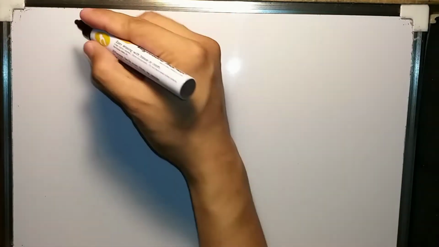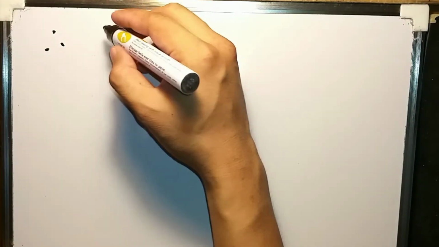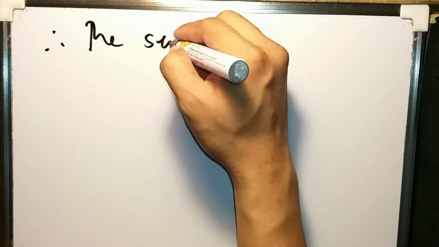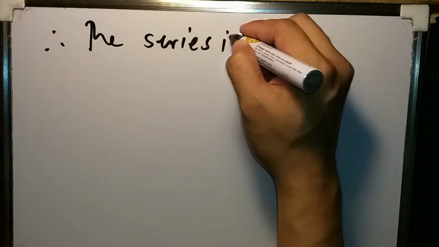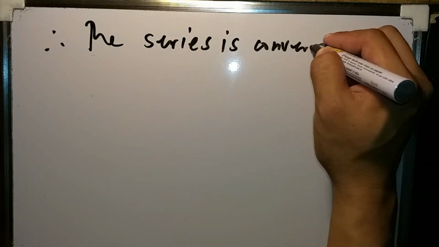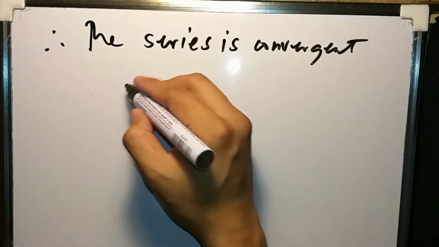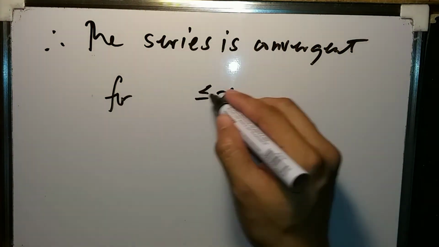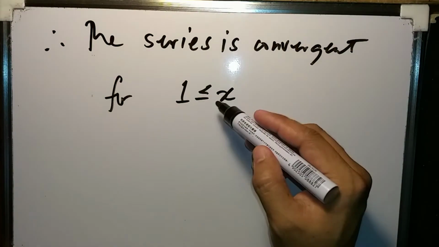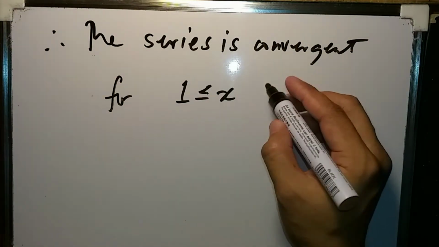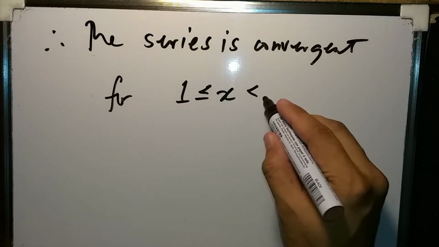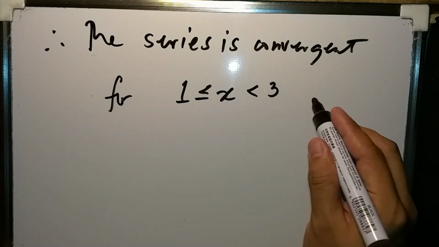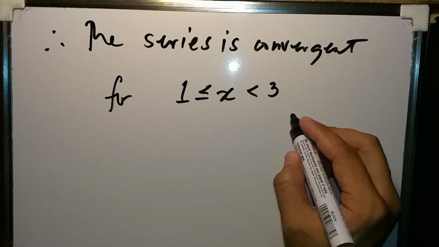So we can conclude that the series is convergent for x between 1, and now we include 1, and then x less than 3 but not including 3.